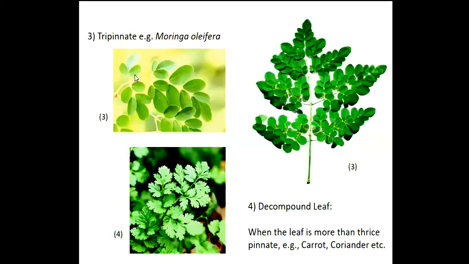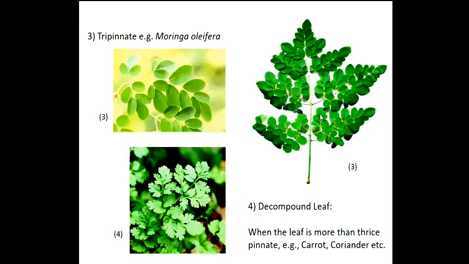Think about the right picture. This is the central rachis. So there will be a primary branching and a secondary branching also, and the leaflets will grow from the secondary branches. If we give a number, the central rachis is number 1, the primary branching is number 2, and the secondary branching is number 3.